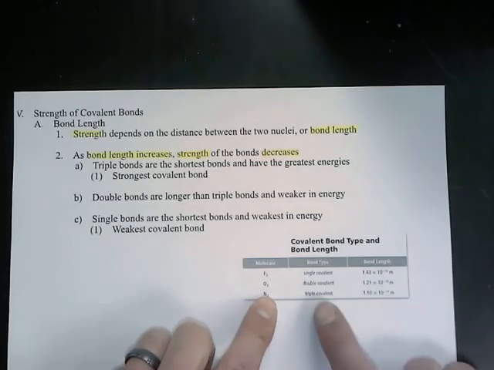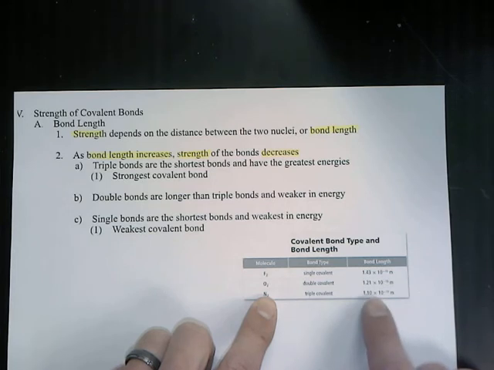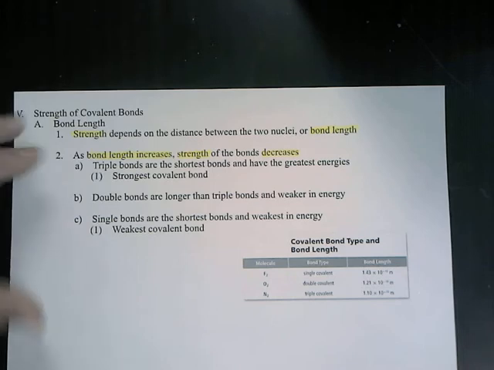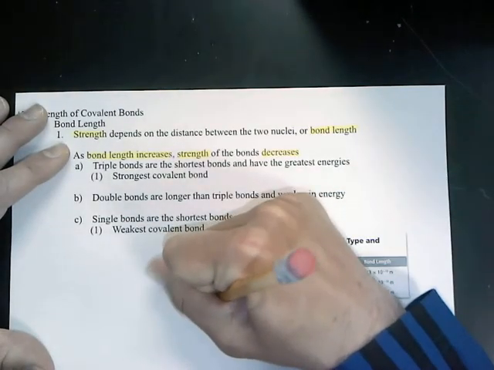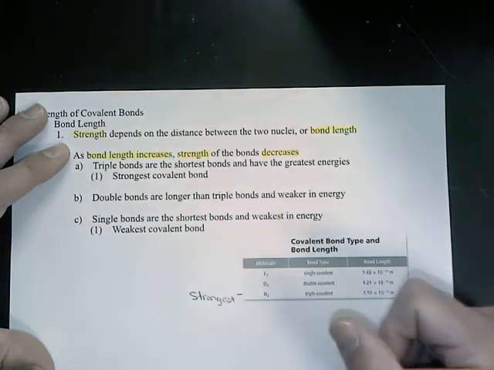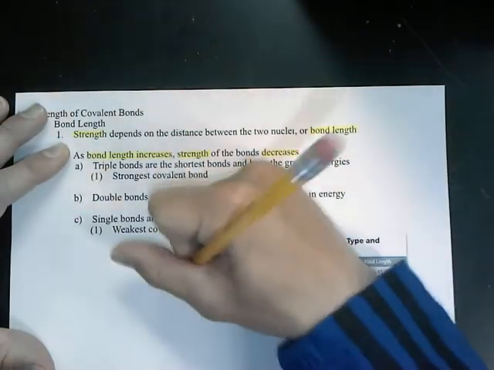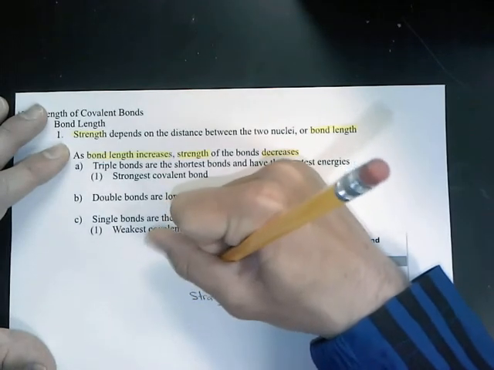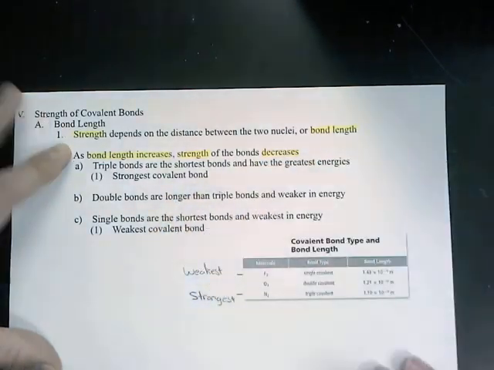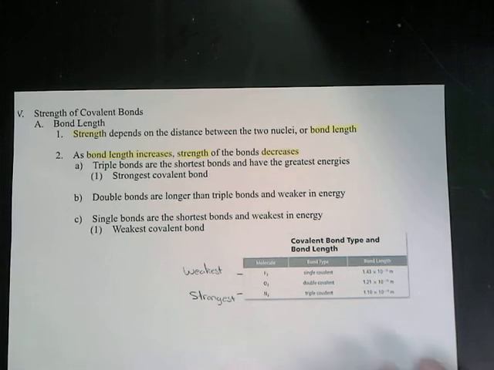Our nitrogen has a triple bond, and it has the shortest bond length. So, right here, nitrogen would be the strongest covalent bond because it's triple, and fluorine, because it's only a single covalent bond, would be the weakest. And then obviously in between would be that double bond, okay?